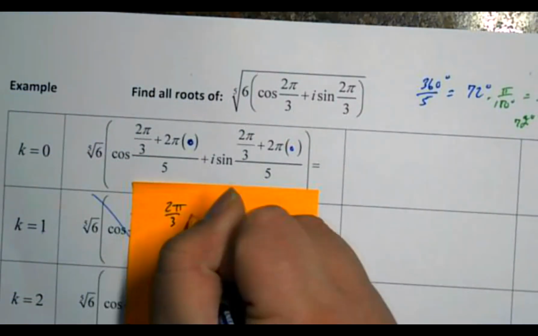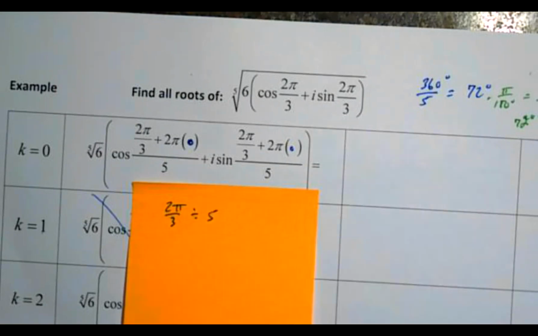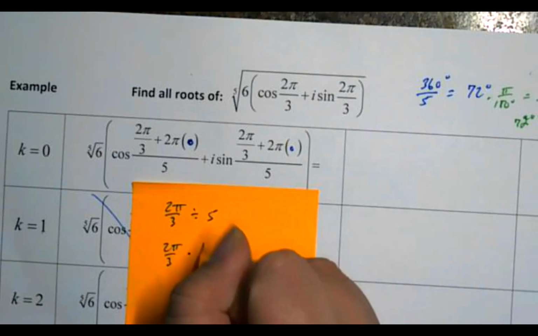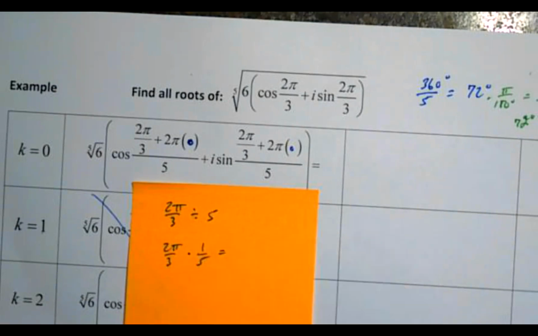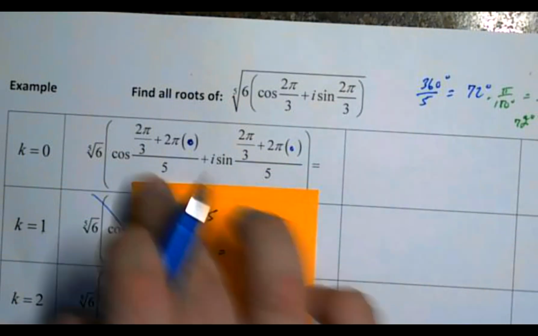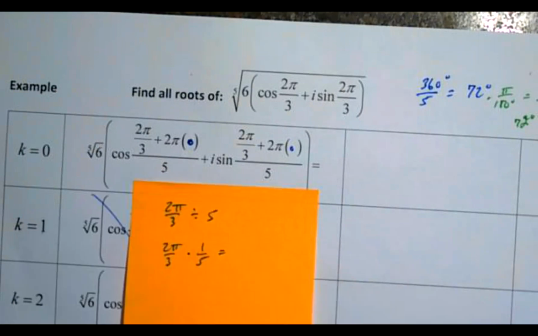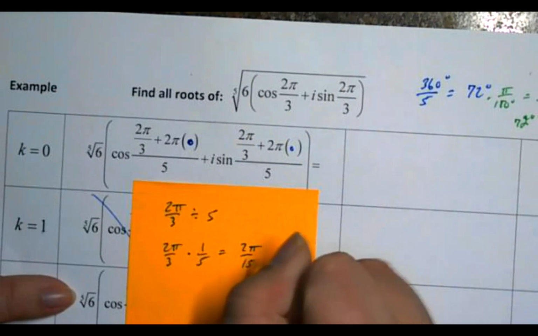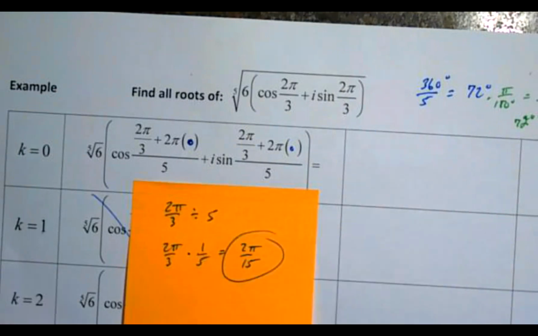So 2 pi over 3 divided by 5 is 2 pi over 3 times 1/5. I can tell you right now where the issues were coming in, half angle formulas. That's where the problems were coming in. So this is 2 pi over 15. So here is my initial angle, 2 pi over 15.